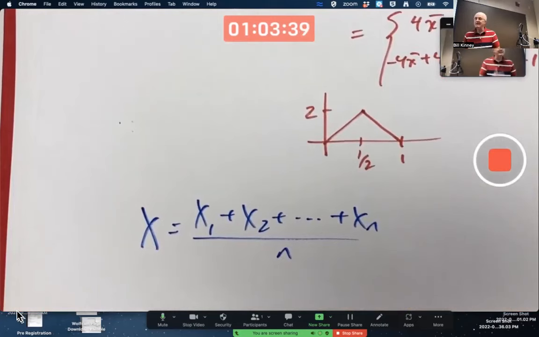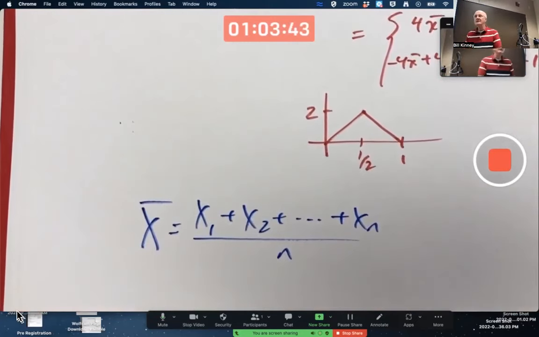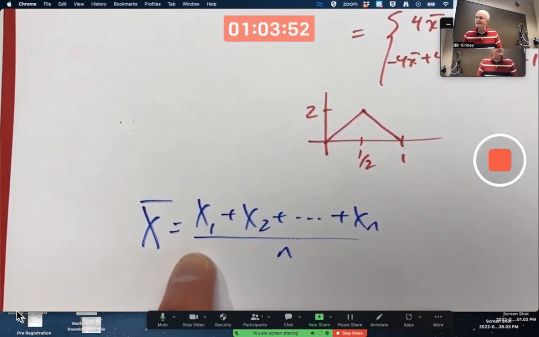There are other statistics mentioned at the end of chapter 6. I'm not going to test you on them in exam 2. I want you to know this is the sample mean. Other ones mentioned include the sample variance and sample standard deviation, and also the idea of a median, a population median and a sample median. Focus on the sample mean.